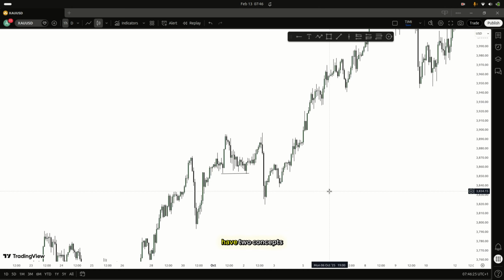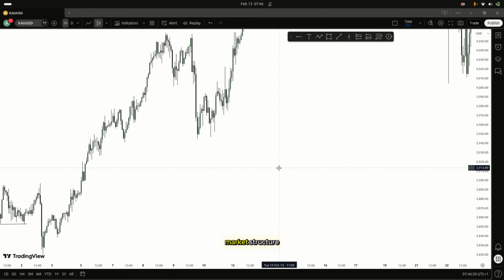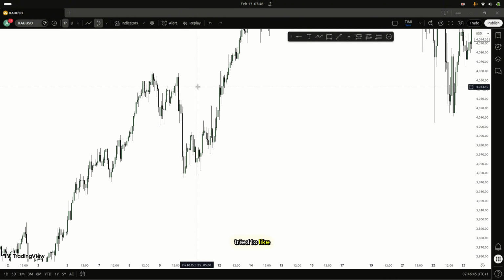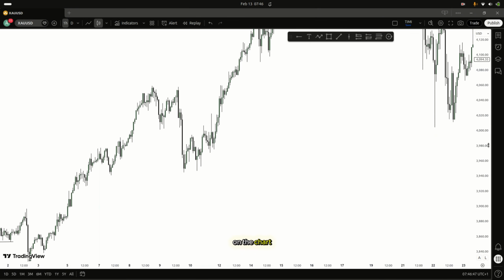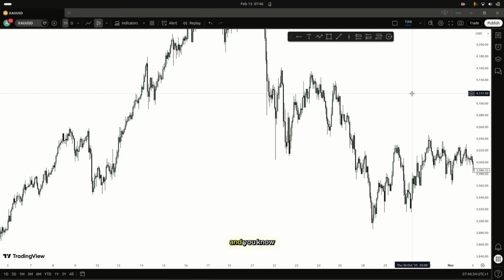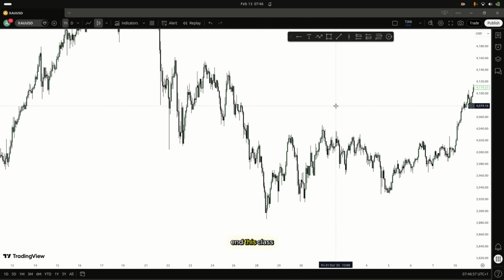We have two concepts that we pay attention to: the concept of reversal, where we use market structure shifts, and the concept of continuation, which is a double break of structure, which I've also tried to show you on the chart. So just so the session doesn't get boring, I will end this class right here.